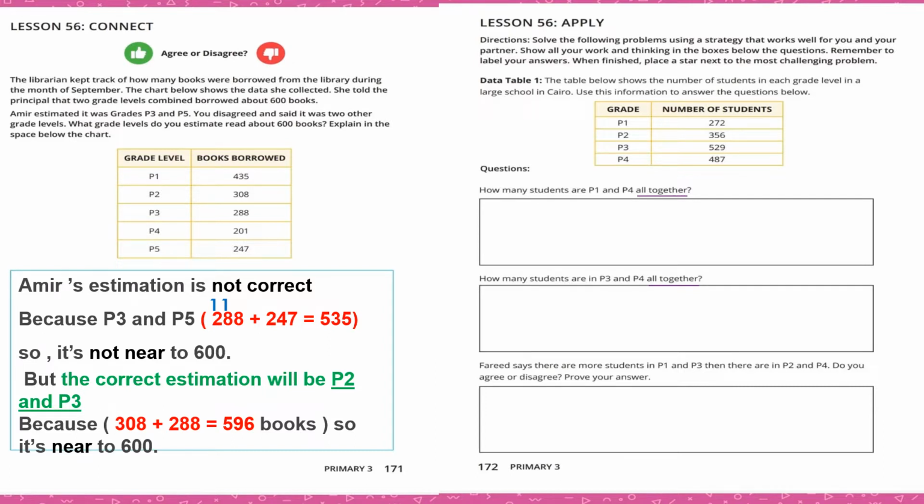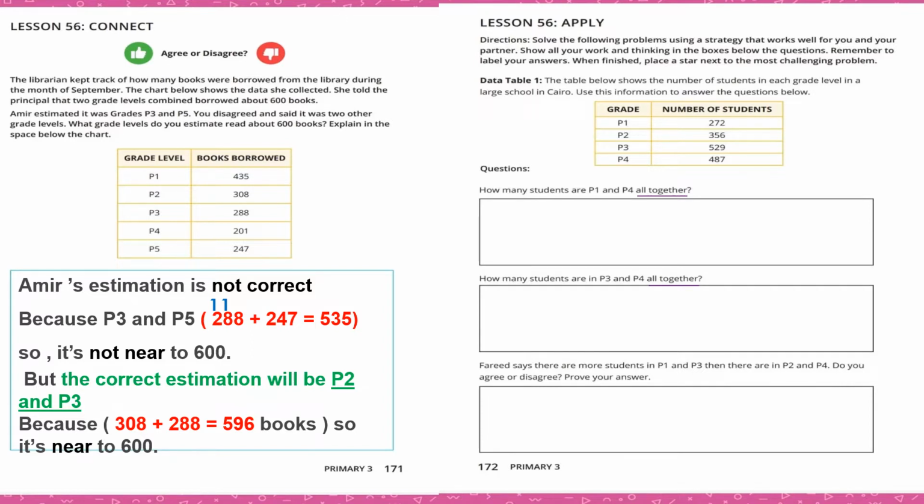Hundreds with hundreds. 1 plus 2, 3. 3 plus 2, 5. So the sum of grade 3 and 5 equals 535. It's not near to 600.